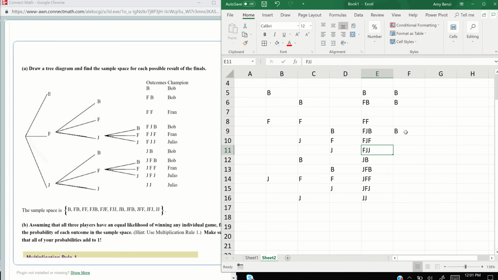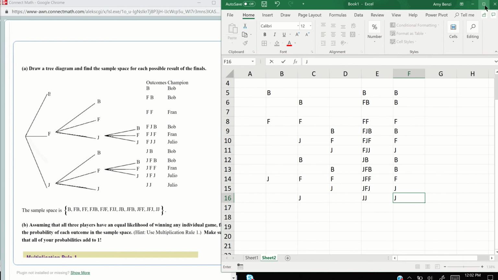All right, looks like I got it. So in this case, again, Bob is the winner. Everywhere I see Bob, he's going to be the winner, so I'll just get rid of those. Now I have Fran as a winner, Fran, Fran, and then Julio as a winner. All right, so now I can see who the winners are.